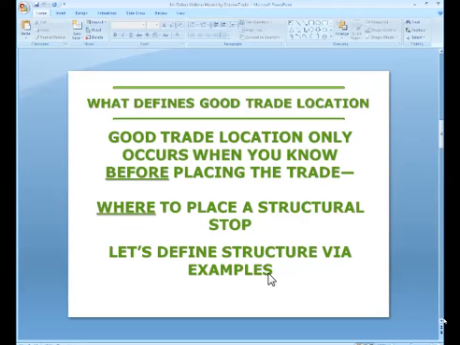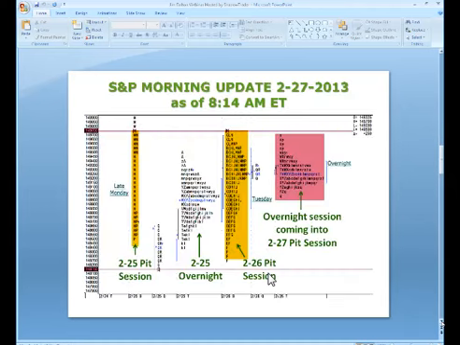Okay, let's try and define structure via our examples. What you're looking at on the next slide is the S&P's morning update of 2/27, and this is something that we put out in the morning blog for clients.